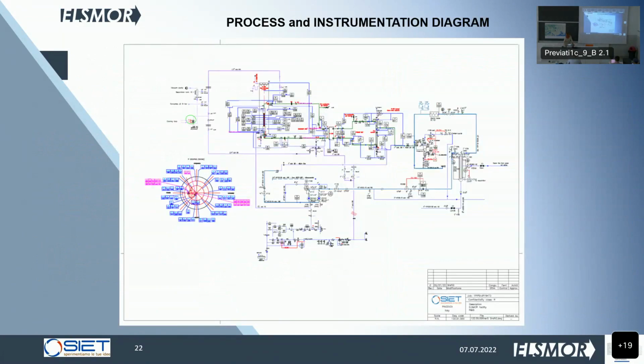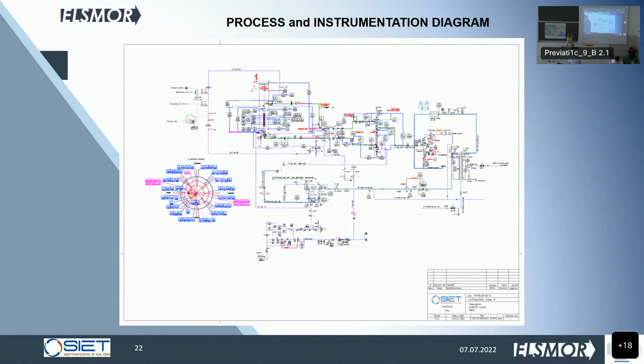Here is an example of a process and instrumentation diagram. This is an example for the ELSMOR facility. So we have on this diagram the loops.